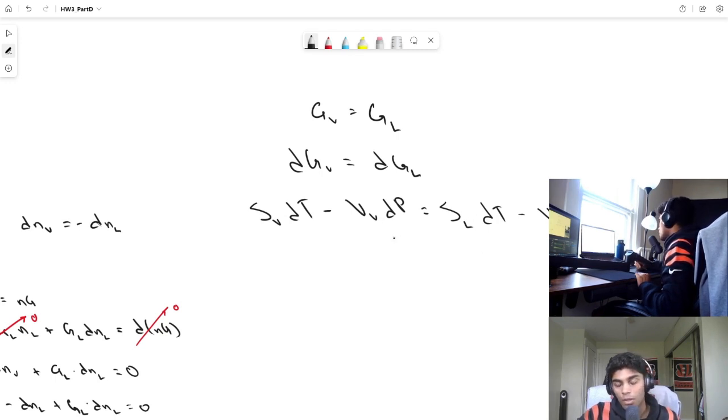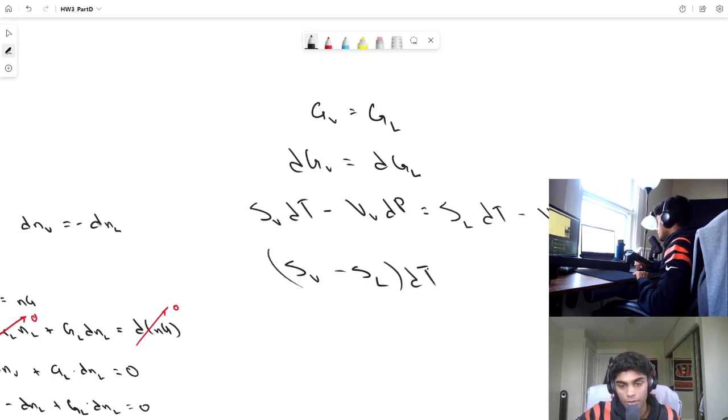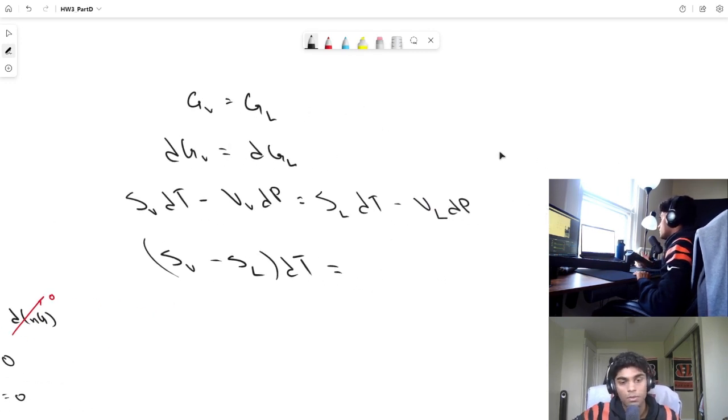So what's the best way to do this? Let's go ahead. We would have our S_V minus S_L dT is equal to, I guess it would be the vapor phase minus the liquid phase here, dP.